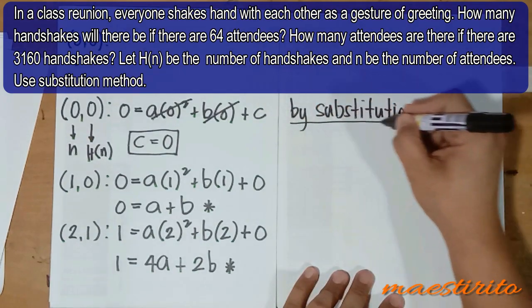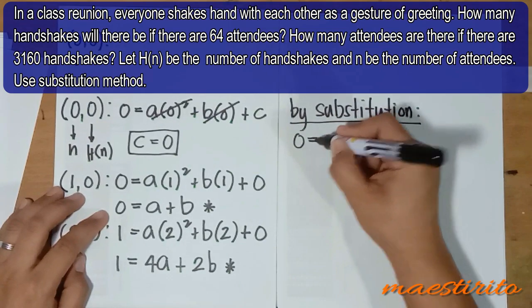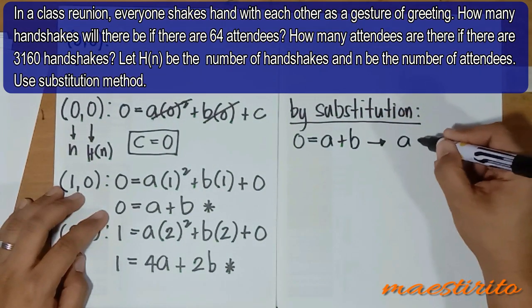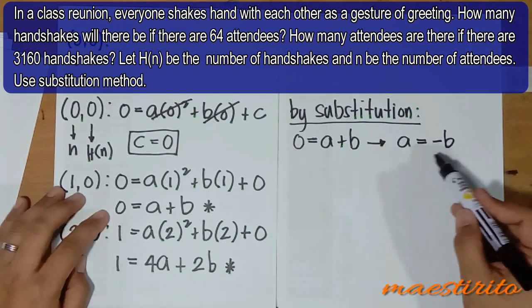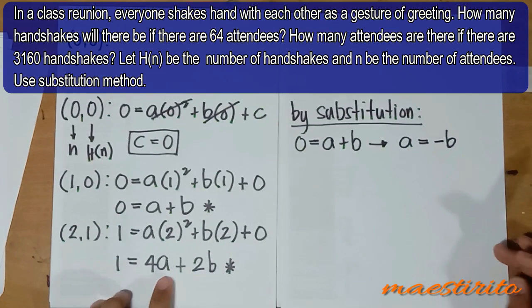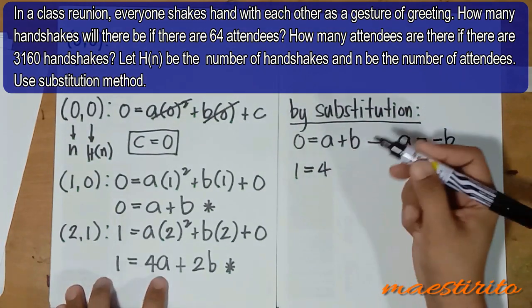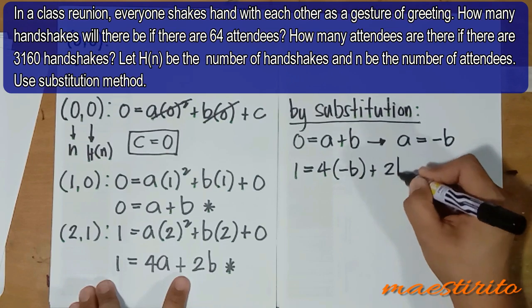Okay. So from this equation, 0 is equal to a plus b, then I could have a be equal to negative b by transposing the b to the other side. And this a here is the same as the value of the a here. So by substitution method, we could have 1 equals 4, wherein a is negative b, plus 2b.